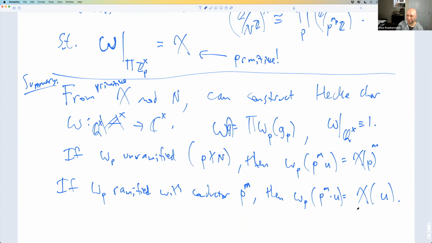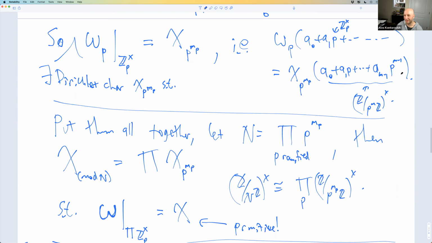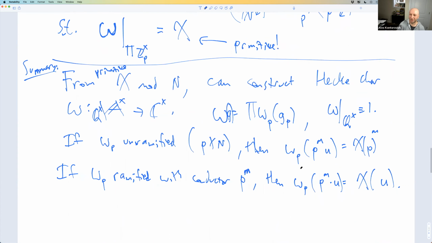So in other words, I wrote it up here. We could say the image of u in the mod p to the m, if you like, u mod p to the m.